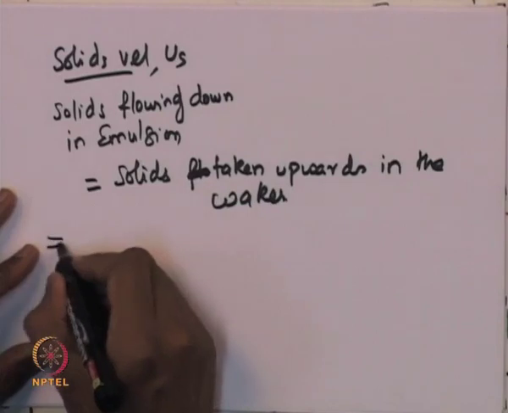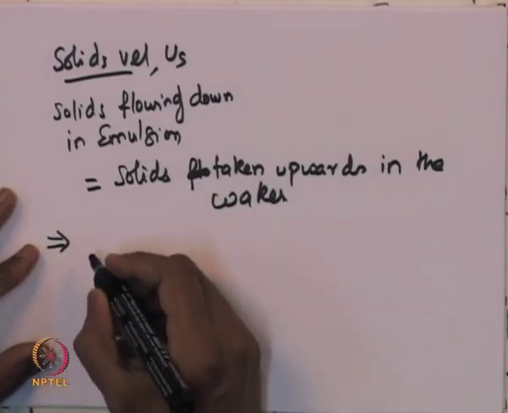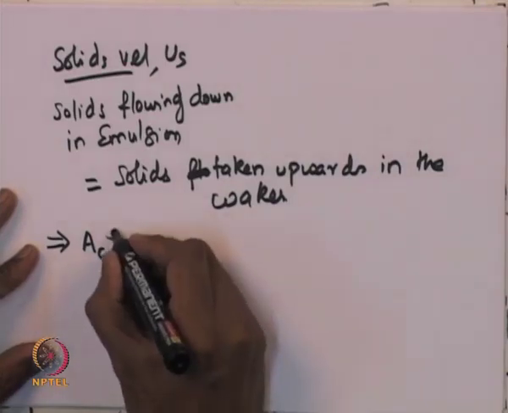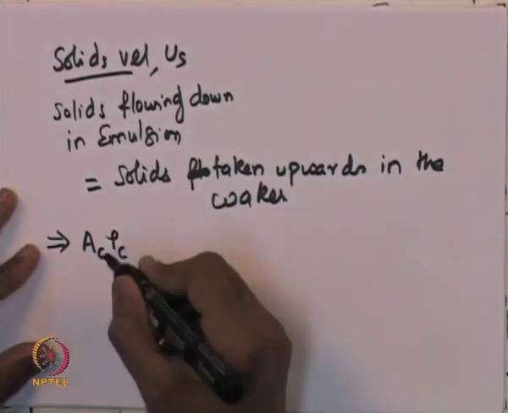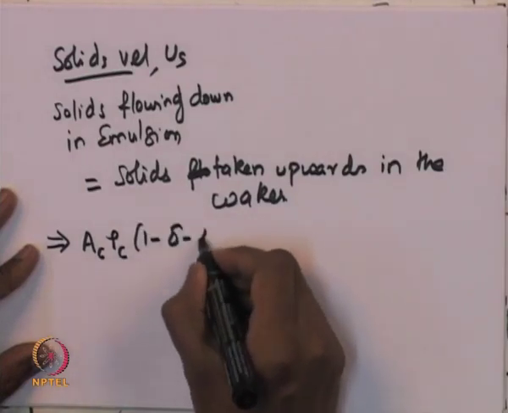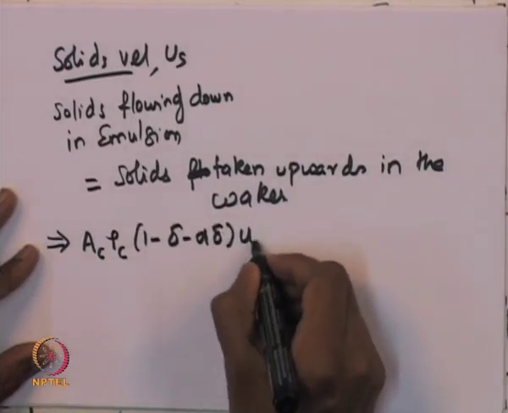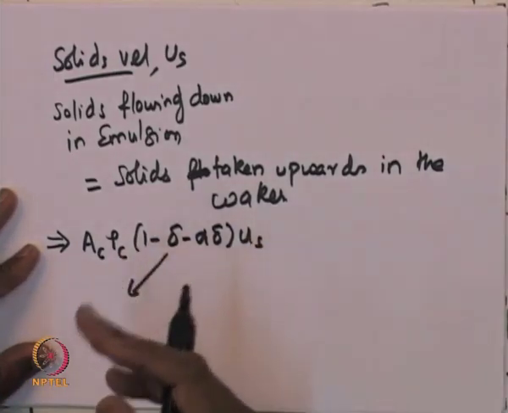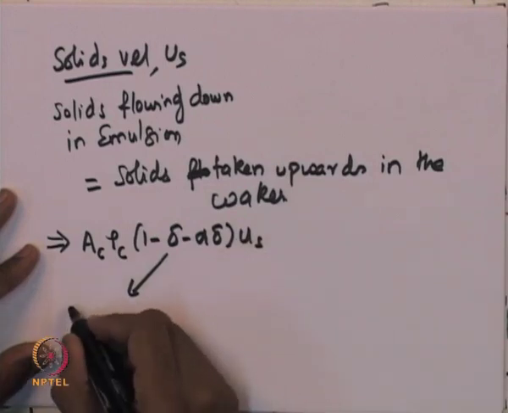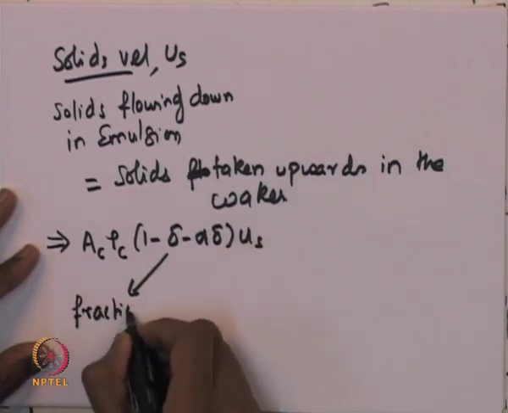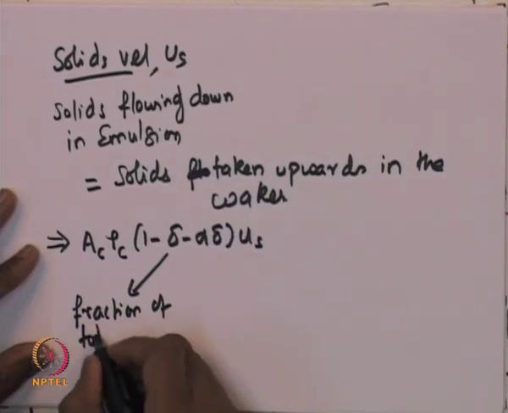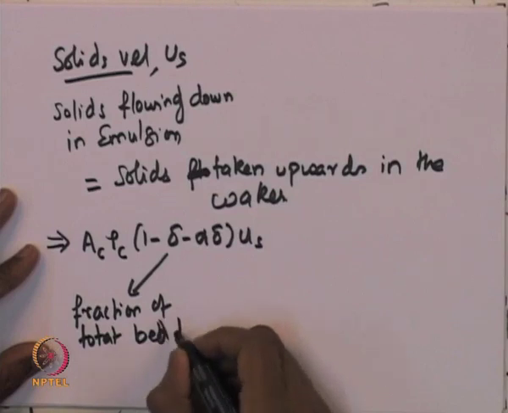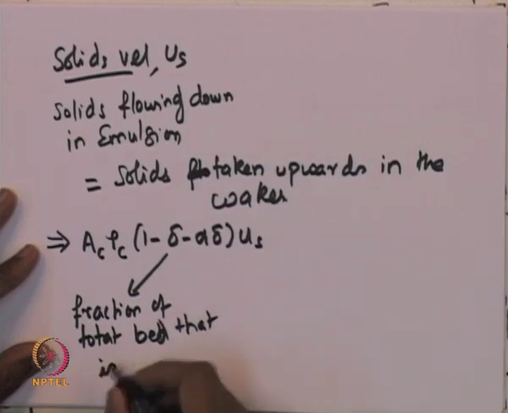Putting in the expression, the solids flowing down in the emulsion is given by the area of cross section Ac multiplied by the density of the catalyst ρc into (1 − δ − αδ) into US, where δ is the fraction of the total bed that is bubbles.